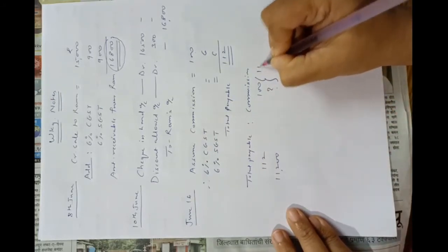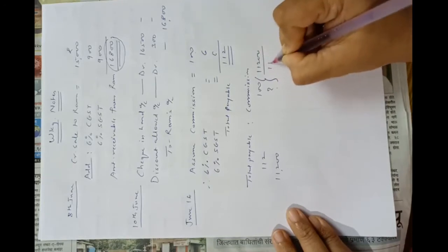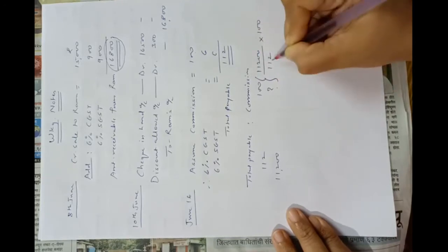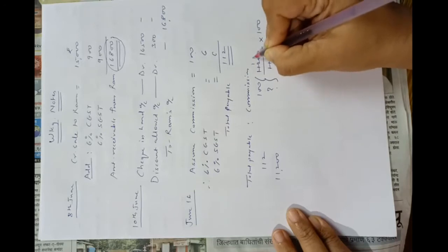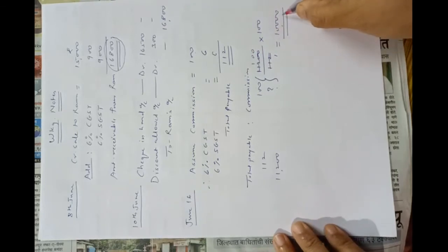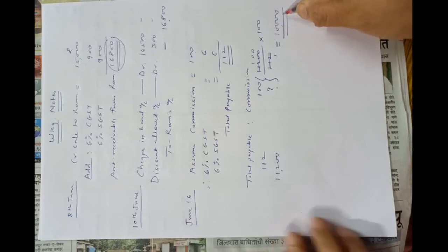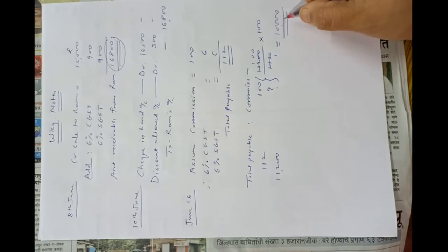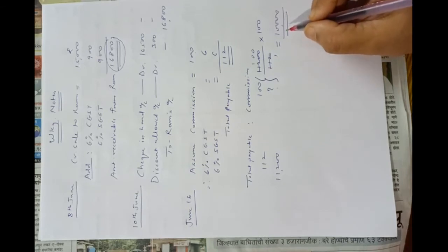Okay, so 11,200 upon 112 into 100, 100 into 100 is equal to 10,000. It means original commission amount is 10,000. On that amount 6% means 600 rupees CGST and 600 rupees SGST. So total amount payable is 11,200. Understood? In this way we have to calculate here. Now let's pass the entry in cash book just like rent.